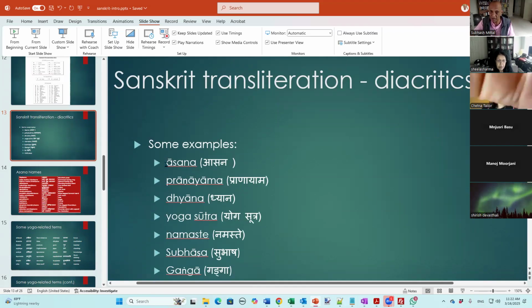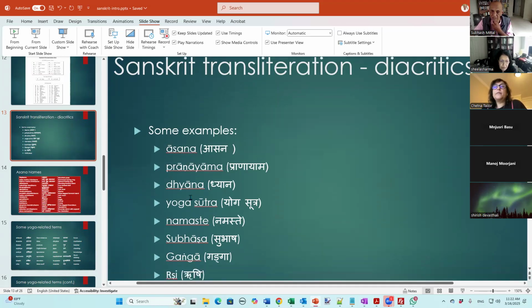Same thing here, asana. These two sounds are not long. You understand the difference here? Same thing with dhyana. The last sound is short, but the middle sound is long.